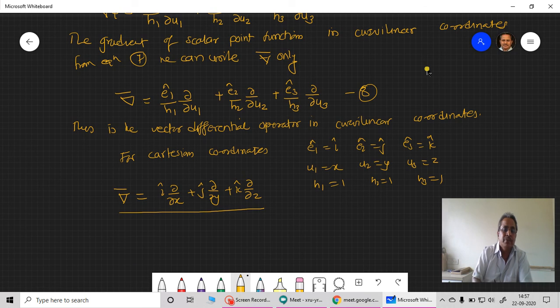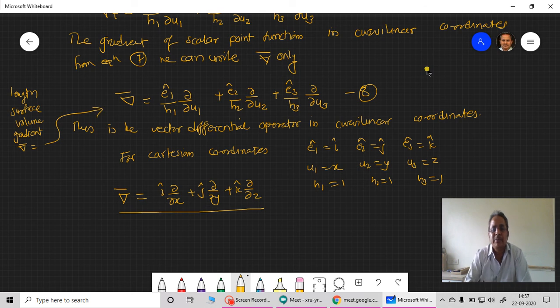So what we have done: we have seen the length element, the surface element, the volume element, then I have found the gradient. So this is in our list. We have found all these things, and that is how the vector differential operator in curvilinear coordinates is obtained, which is given by this relationship.